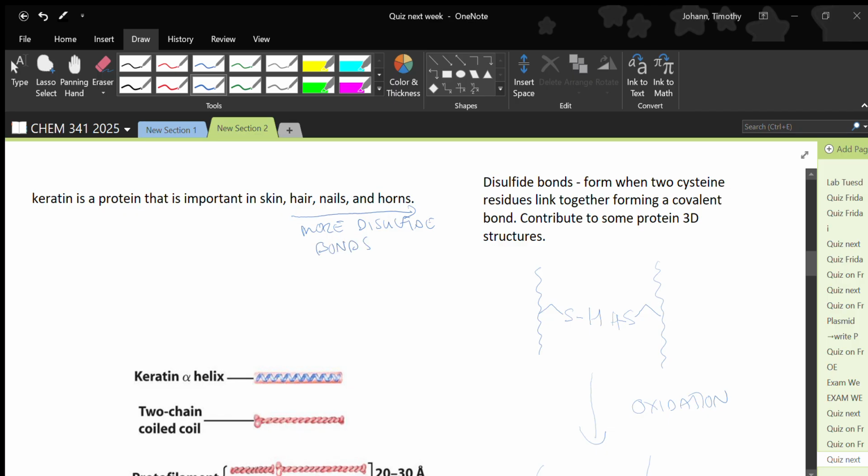As we go from left to right, whether you're looking at hair or nails or horns, there's more cysteine present in these. So you can get more rigidity out of that.